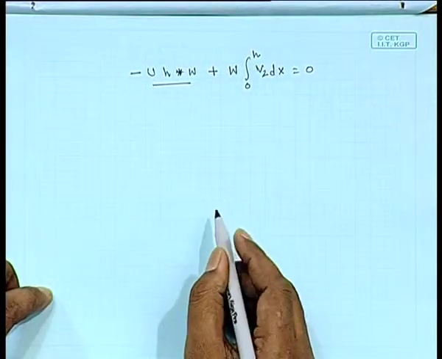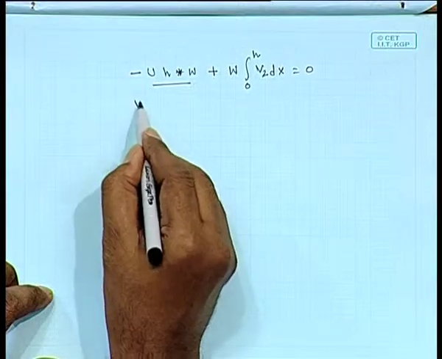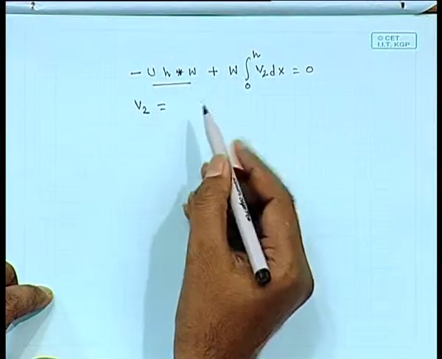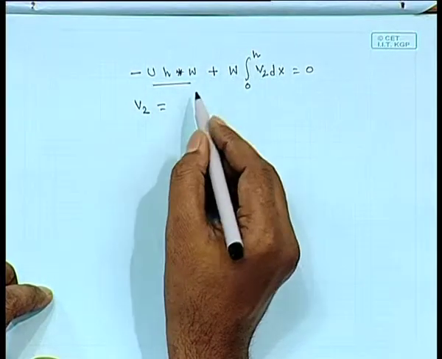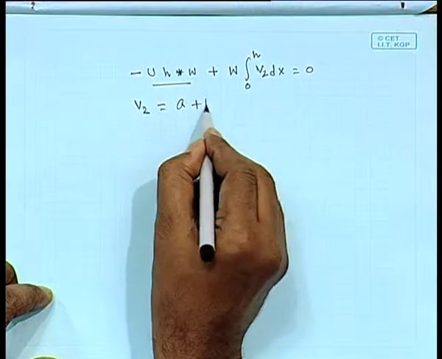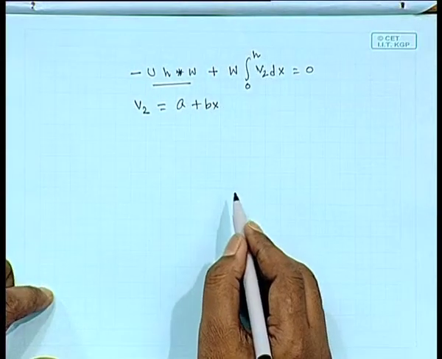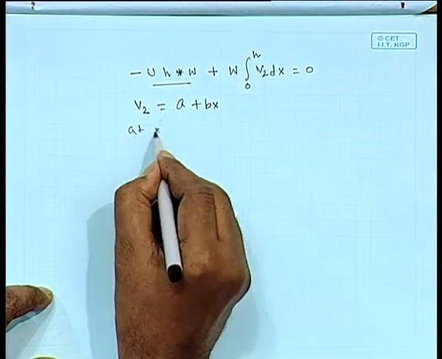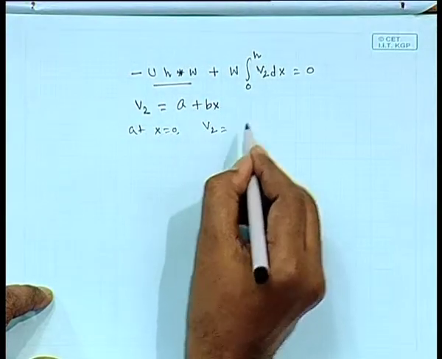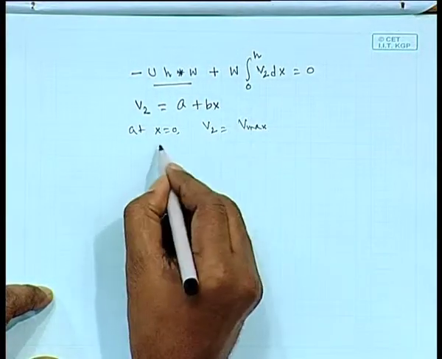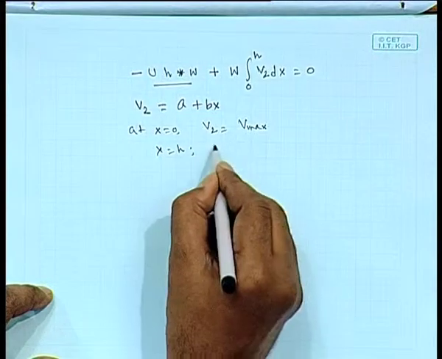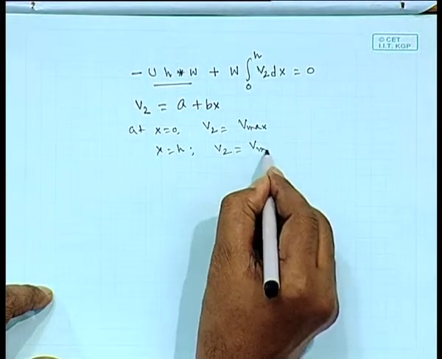The integral is from zero to h. Since we know V2 is a linear profile between V max and V minimum, just fit a line like a plus b x. At x equal to 0, V2 will be V max, and at x equal to h, V2 will be V minimum.